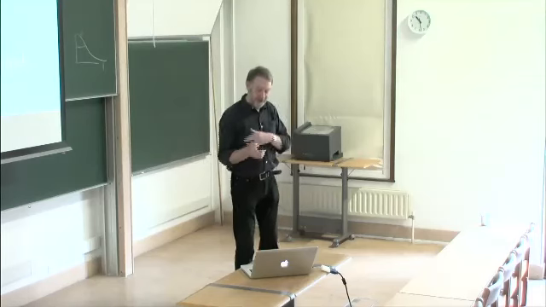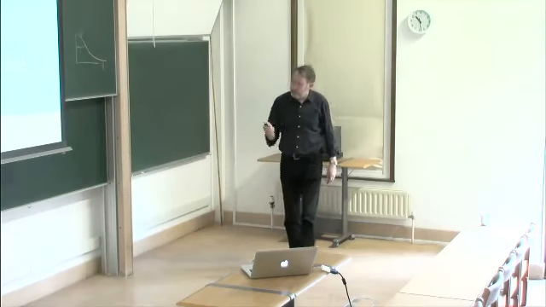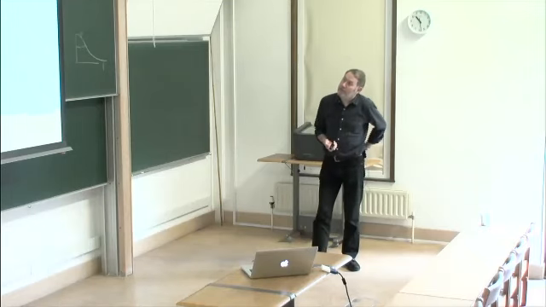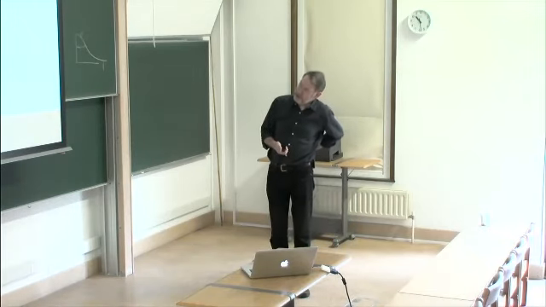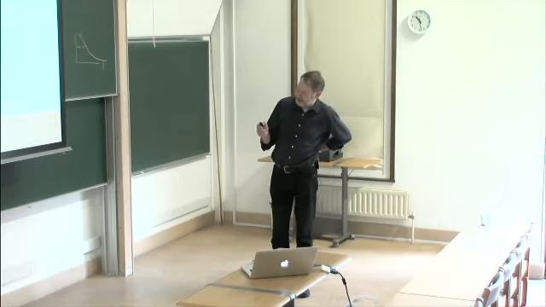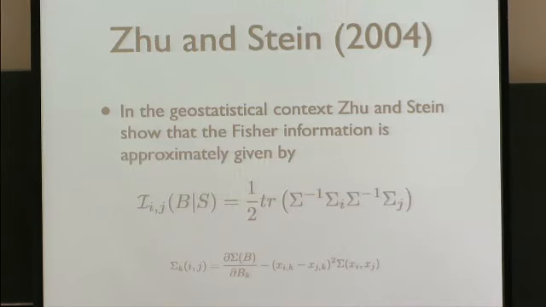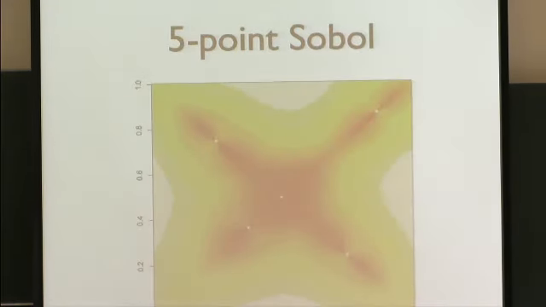No one's yet come up with such a thing, and it would be very interesting to do so. But we can here, and you can show that for one of these Gaussian processes, the Fisher information is given approximately by this thing, which we can easily calculate. And if we do that, we can calculate this utility.